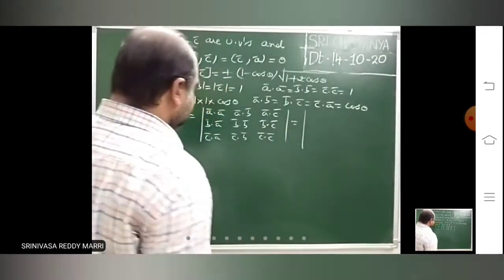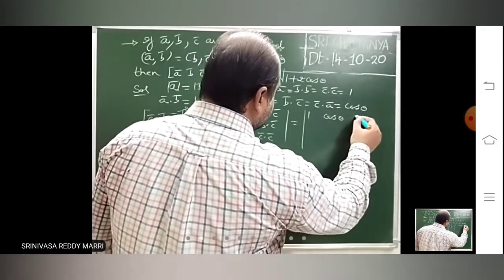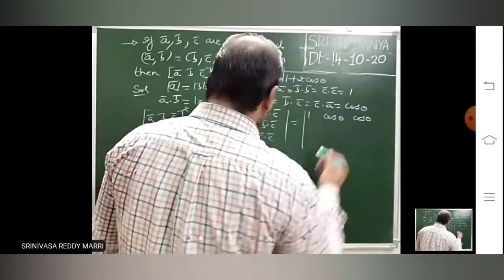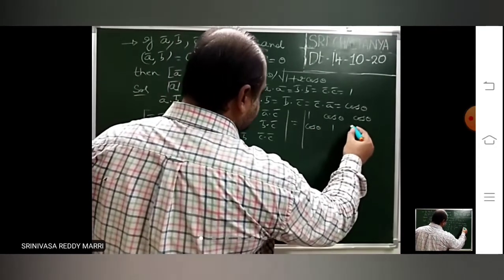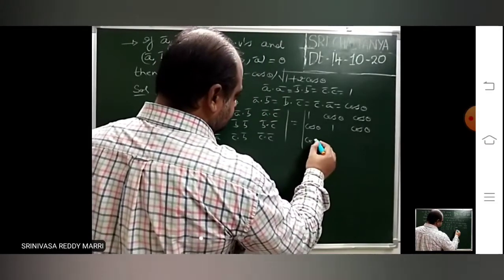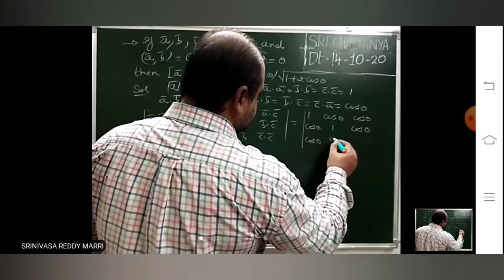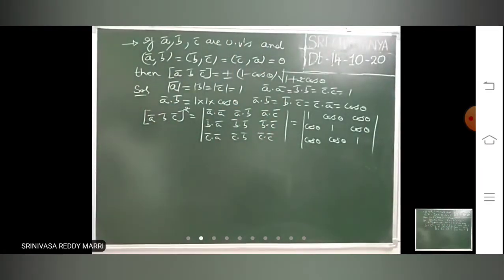Substitute this: the diagonal is 1 and the other entries are cos theta. So this is the determinant value.